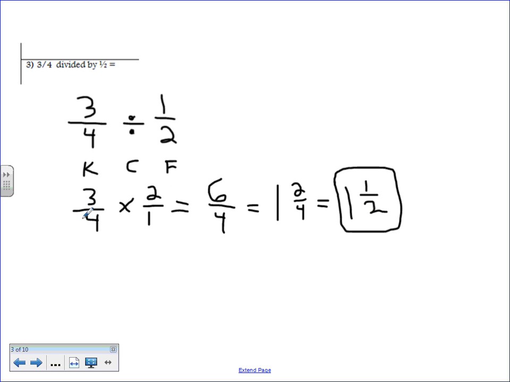And again, you could cross simplify if you wanted to, right? 2 and 4, 2 goes into itself once, 2 goes into 4 twice, 3 times 1 is 3, 2 times 1 is 2, 3 over 2, how many times does 2 go into 3? Once, with 1 left over. Same answer. This might be a little bit easier to do it that way. Just remember, keep, change, flip is only for division.